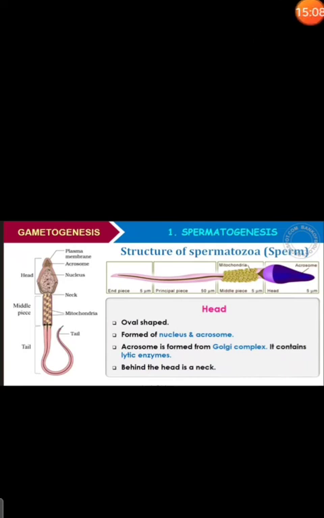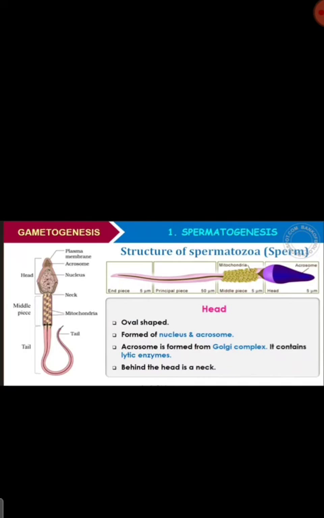When the sperm has to enter the egg, it requires some lytic enzymes, and that is why there is an acrosome in the front. It is formed from the Golgi complex, which contains the lytic enzyme.